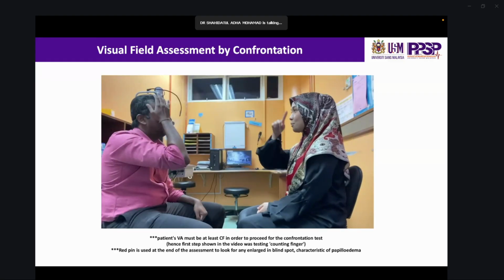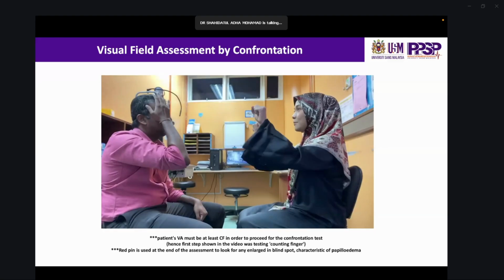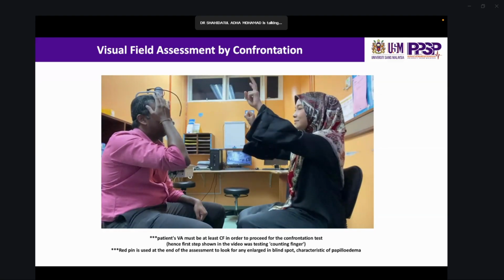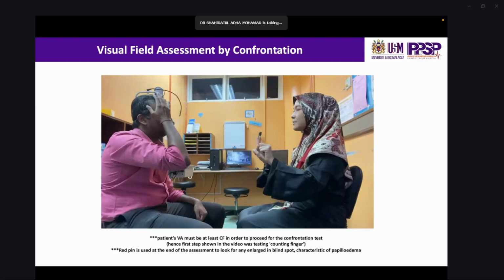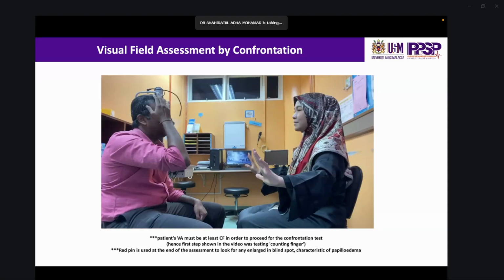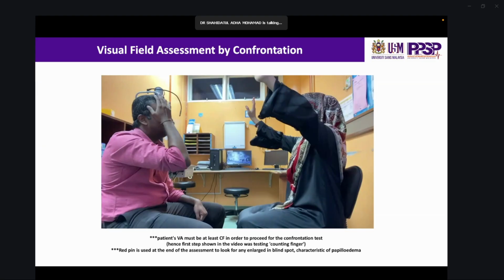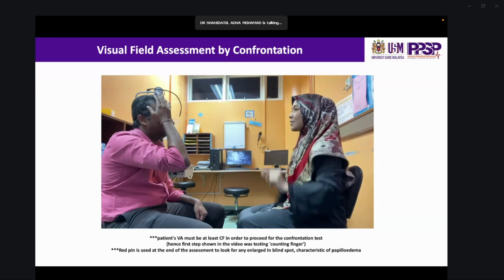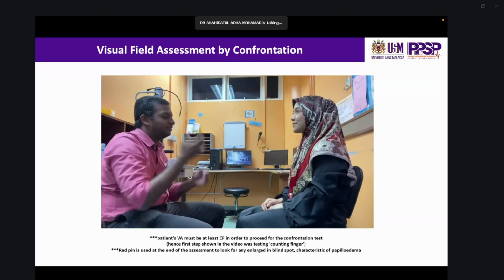Eliciting the vision must be at least counting fingers before proceeding. After that, I was asking the patient whether he can see my face or not. And then following that, I asked whether he can see my fingers, and how many. And the last part here is actually assessing the peripheral.